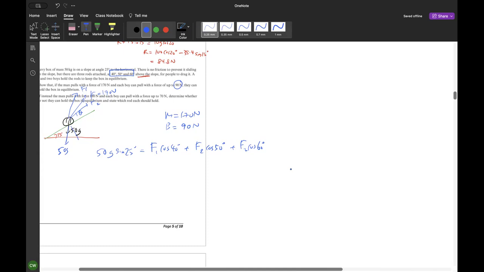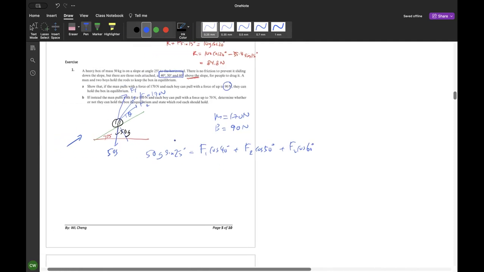What is the best scenario? Okay, so how much do we have here? What is this value?